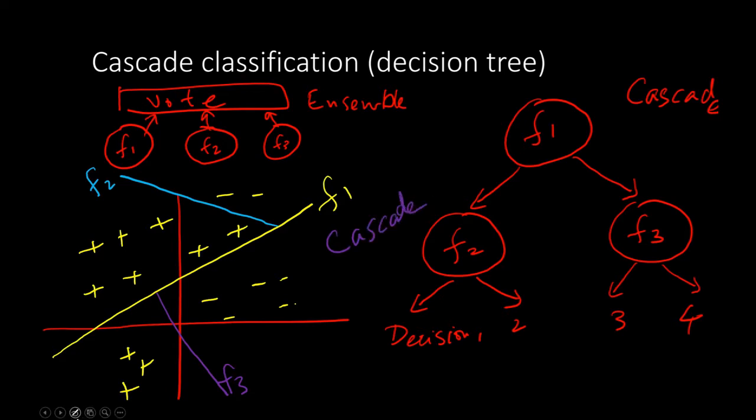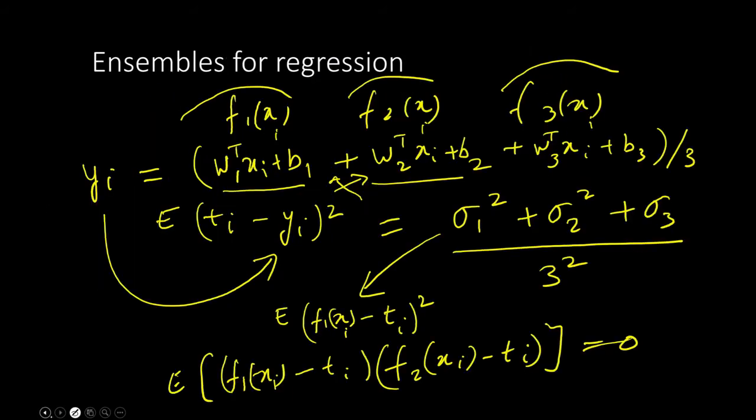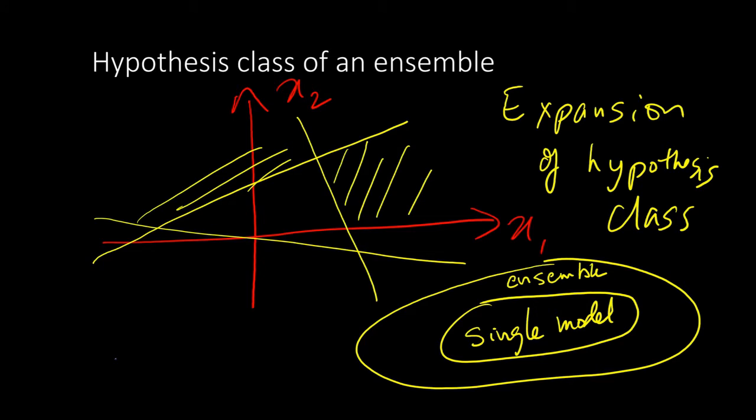In an ensemble, the same effect looks like this. Here the three classifiers' boundaries were overlapping with each other, dividing the space into more than two subspaces.